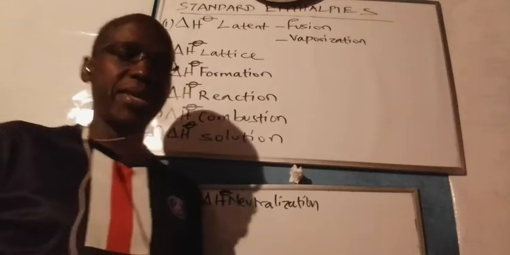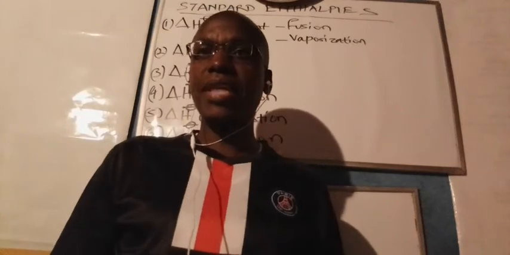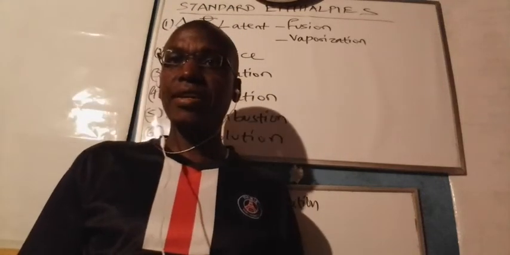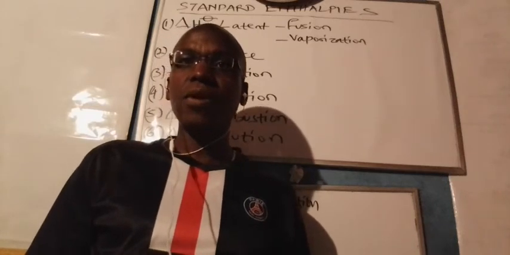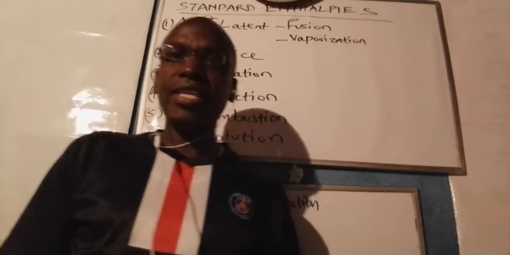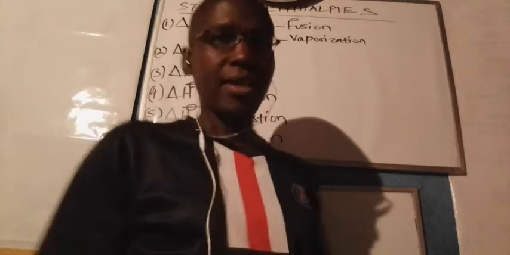The standard enthalpy of any substance represents the heat energy that is produced or yielded by 1 mole of that particular substance. Therefore, whenever we evaluate standard enthalpies, it will mean the energy that is accompanied by 1 mole of substance reacting.